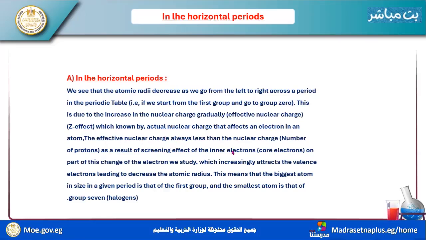Effective nuclear charge, Z effective. This is the nuclear charge that actually affects the electrons in an atom. The effective nuclear charge is always less than the actual nuclear charge, the number of protons, as a result of the screening effect of the inner electrons or core electrons.